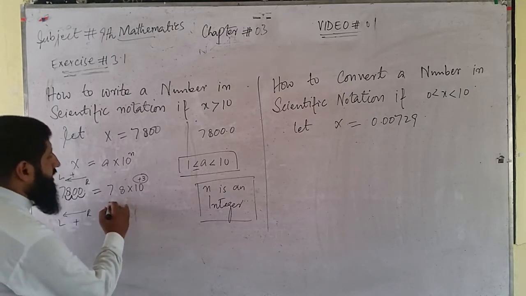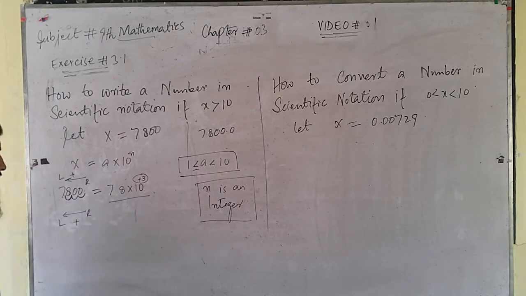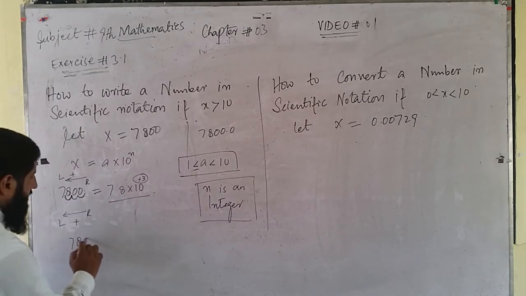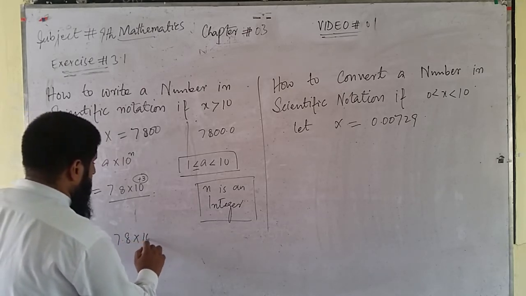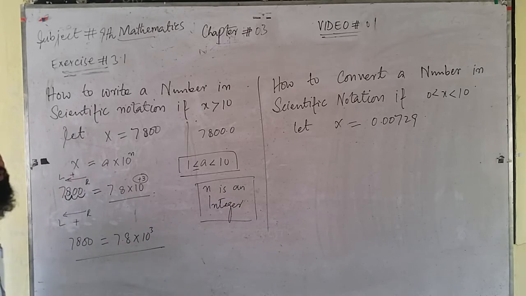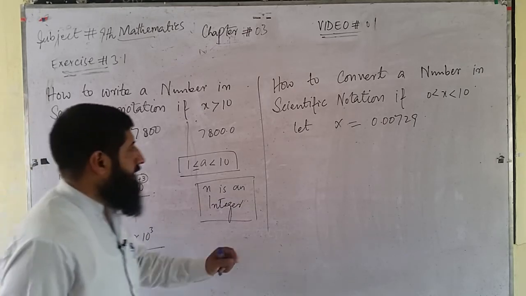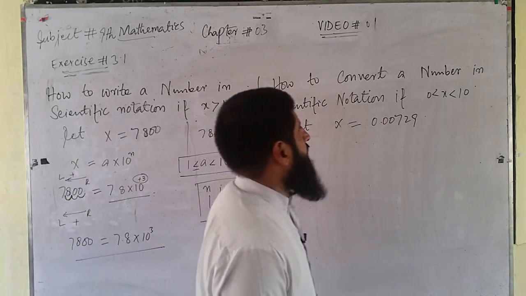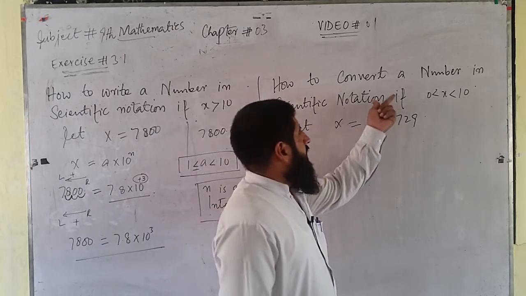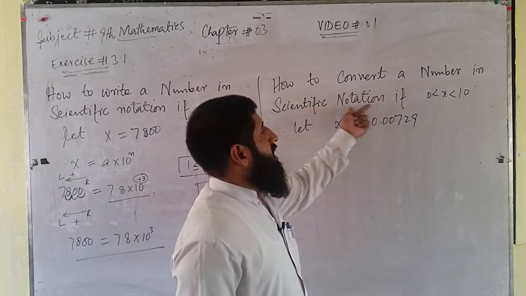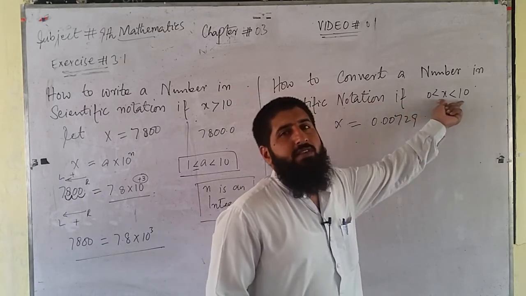So we have converted such a number into scientific form. 7800 in standard form is equal to 7.8 multiplied by 10 raised to power 3 in scientific notation. Now let's discuss the conversion of numbers into scientific notation if the number lies between 0 and 1.